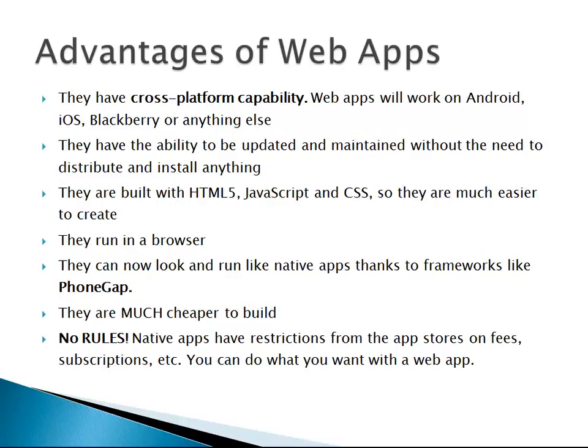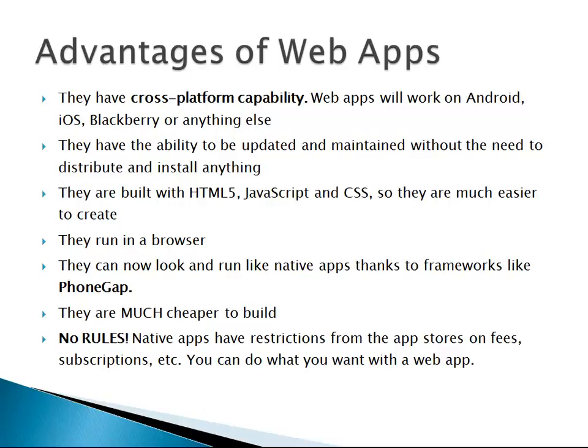They're built with HTML5, JavaScript, and CSS, which is very easy compared to writing a program in Java or Objective-C. They run in a browser, which a native app can't do. They can now look and run like native apps thanks to frameworks like PhoneGap.